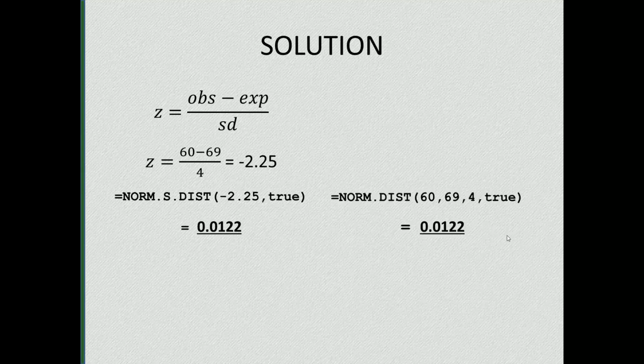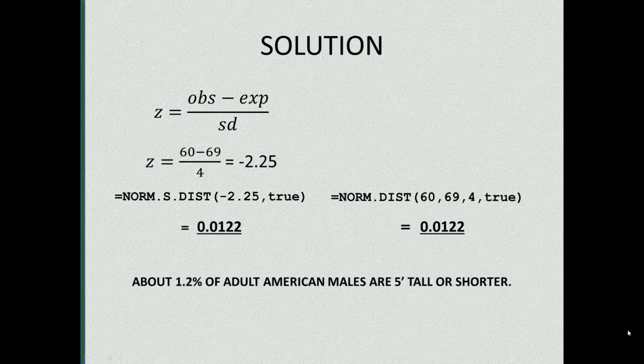Alternately, we could use the unstandardized form of the function, get 60 inches when the mean is 69 and the standard deviation is 4. Either way, we get the same number. Basically, it's telling us that about 1.2% of adult American males are 5 foot tall or shorter.